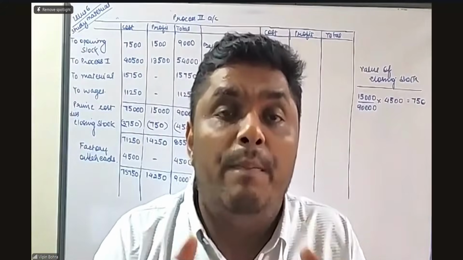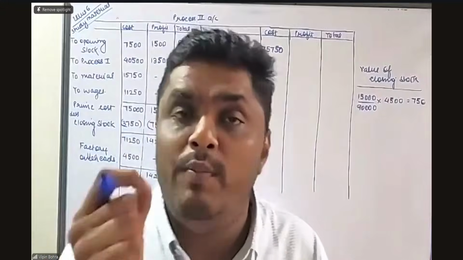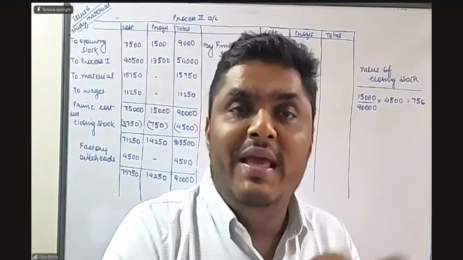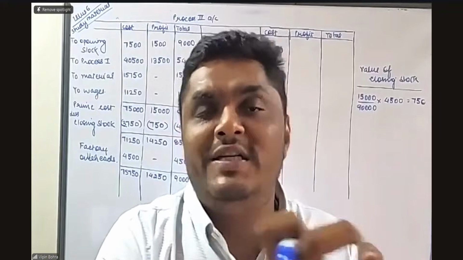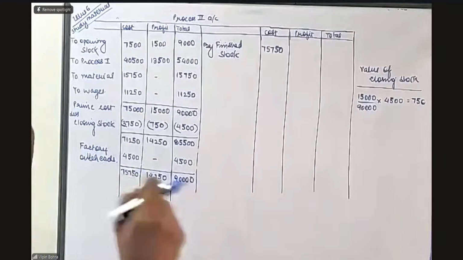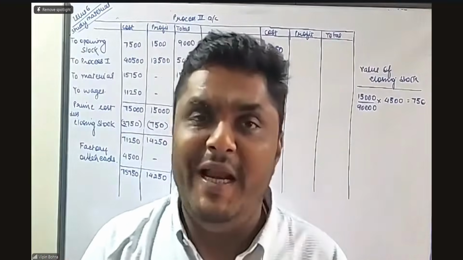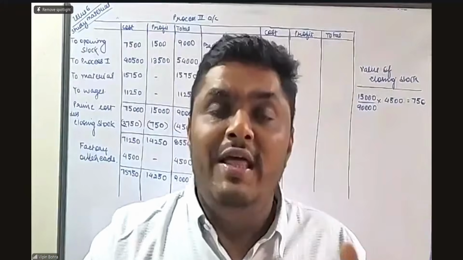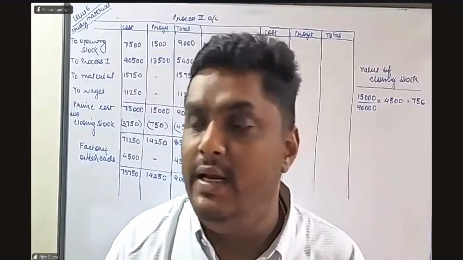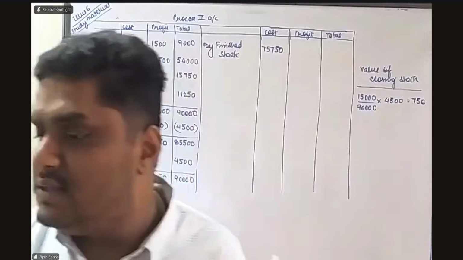But when talking about the cost from the process second perspective, can you guys tell me how much will be the cost from process second perspective? Assuming each process is a separate responsibility center. From company's perspective, it is 75,750. There is no profit element, neither from process first nor from process second. But from process second perspective, can you tell me how much is the cost?